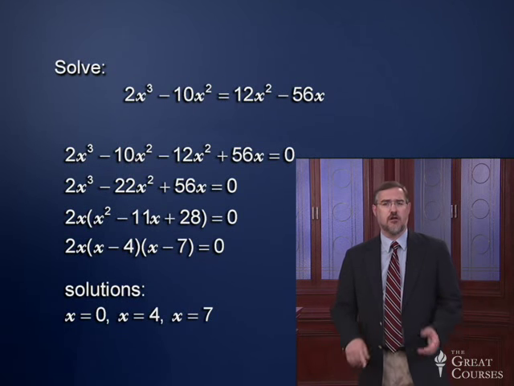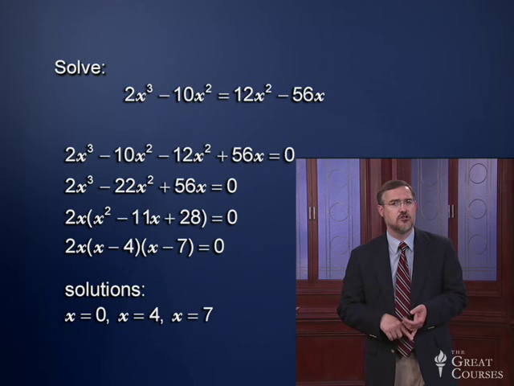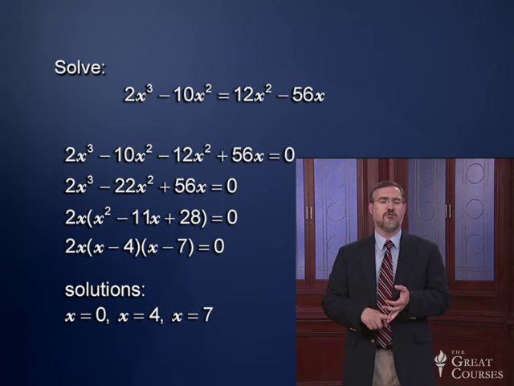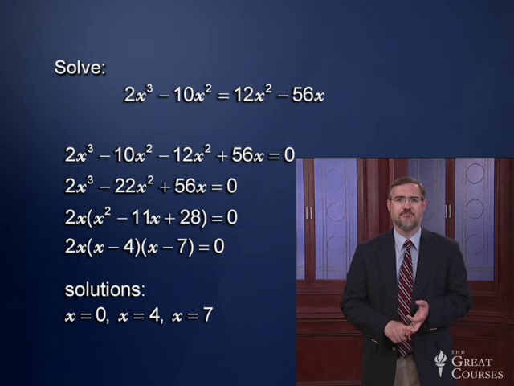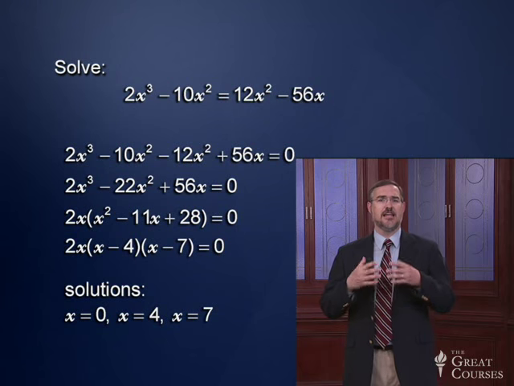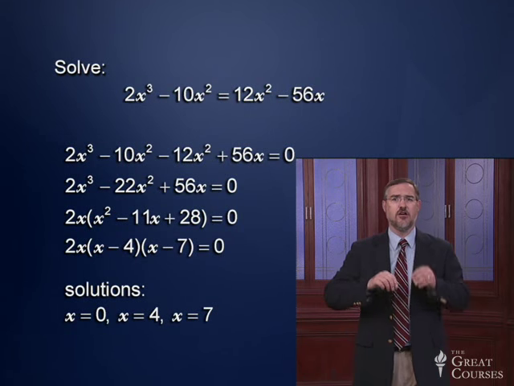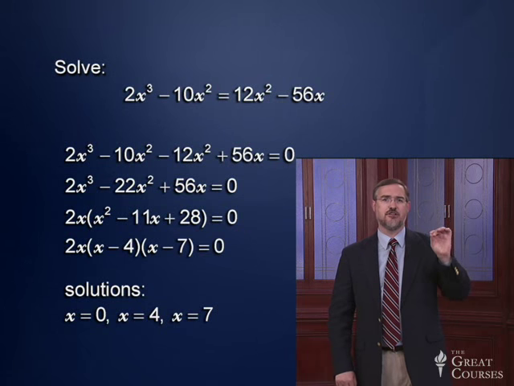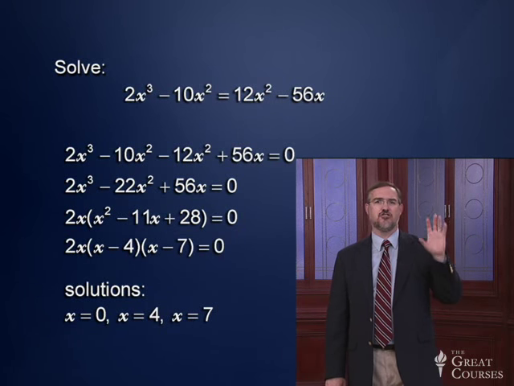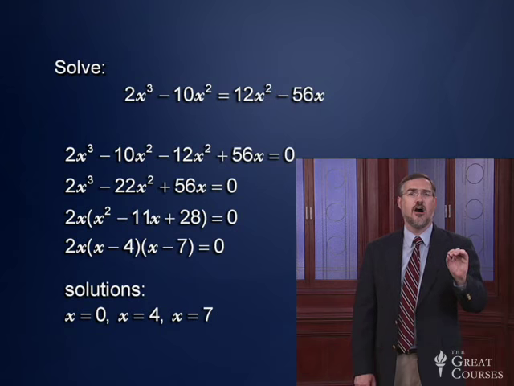And the solutions here are x equals 0, that comes from the 2x in the front, x equals 4, and x equals 7. Now notice that each of the terms in the polynomial equation is raised to the first power. 2x to the 1, x minus 4 to the 1, x minus 7 to the 1. All of those are odd powers.